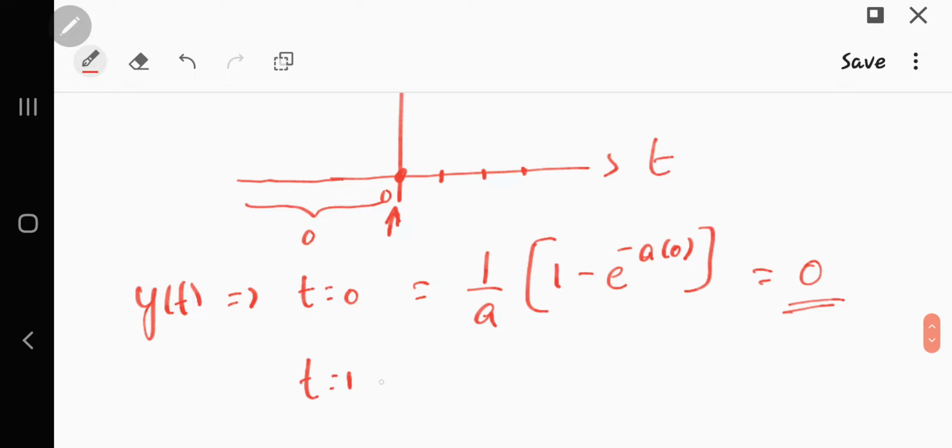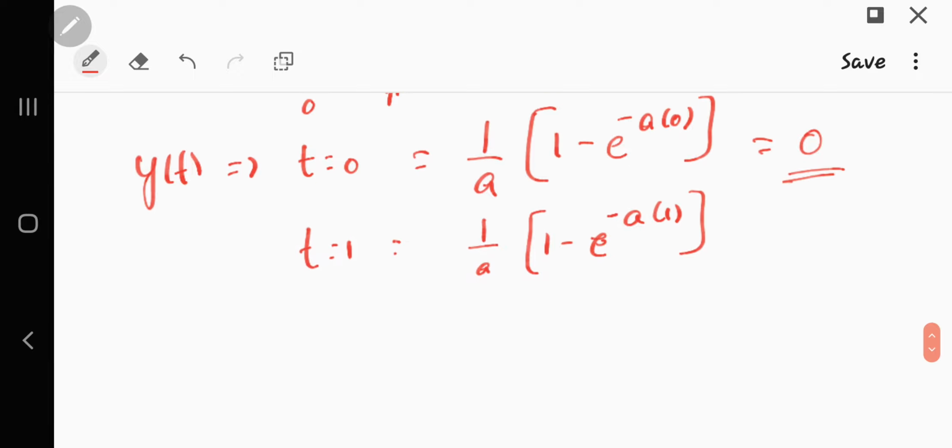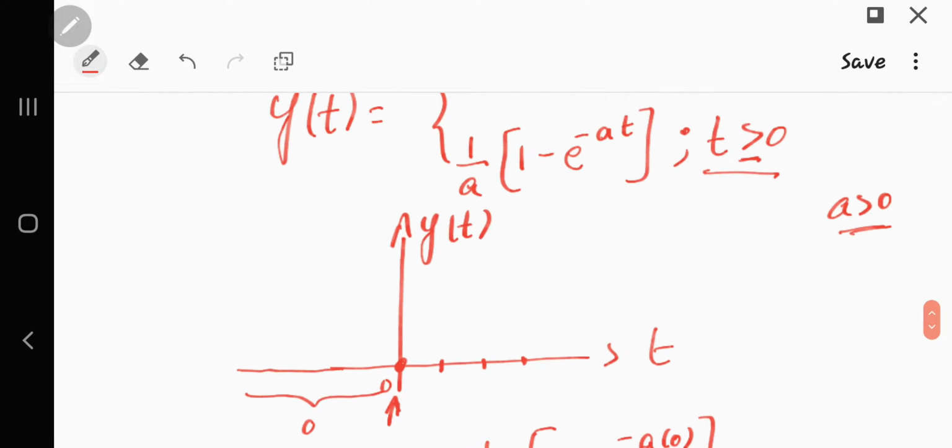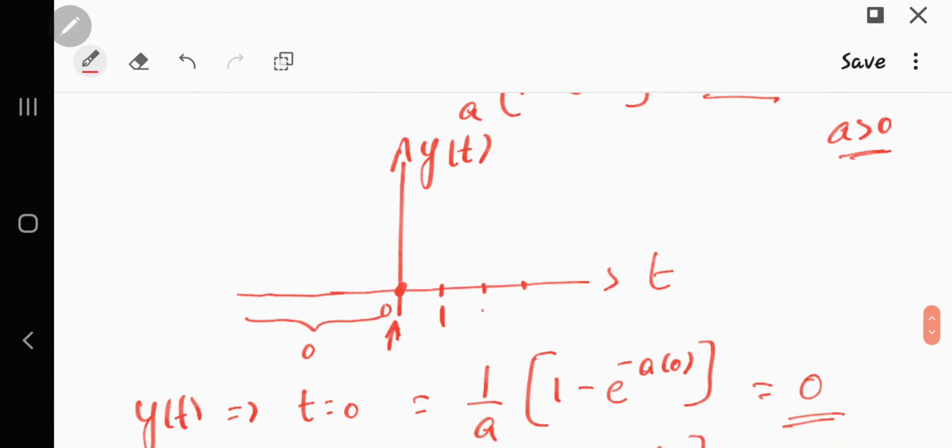Now when you put t is equal to 1, it is 1 by a into 1 minus e to the power of minus a into 1. Okay. Now if you can observe, we should also substitute the value of a to get the amplitude value at t is equal to 1, that is at this point.